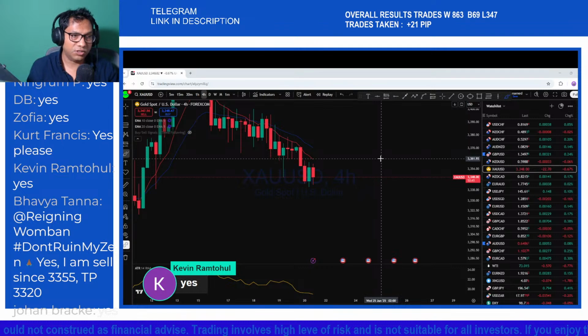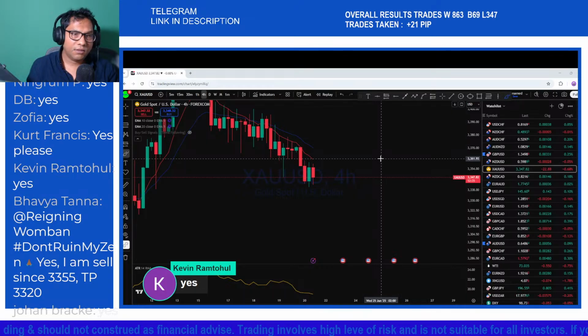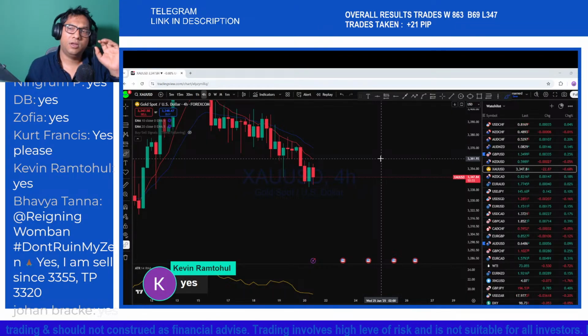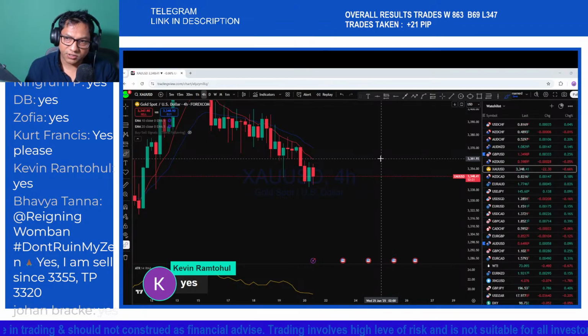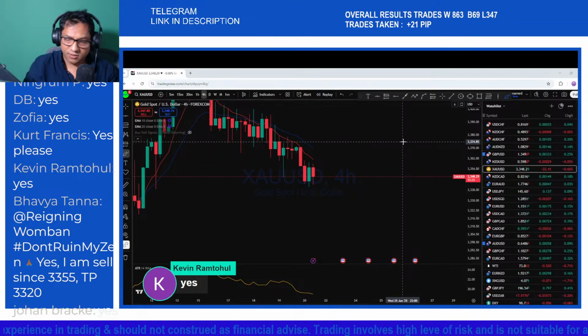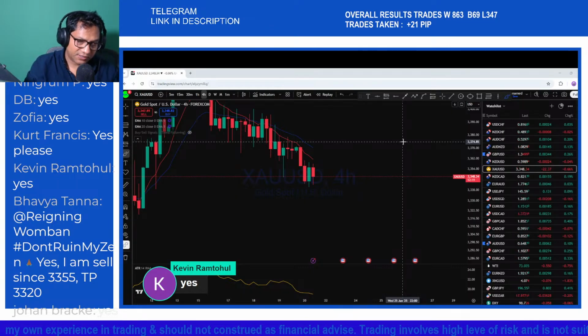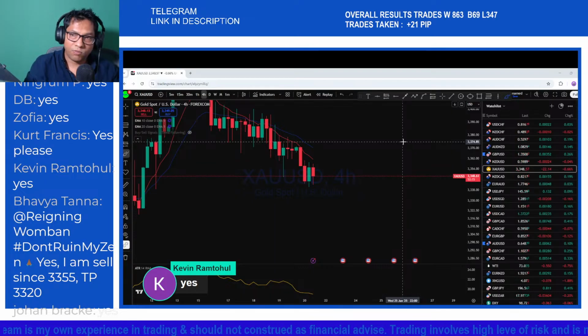You might be using RSI and moving averages that you can see in my chart. But there is another dimension which very few traders look at and use, and that is timing. Not the time frame. And that timing comes from experience. Guys, keep in mind that timing comes from experience.